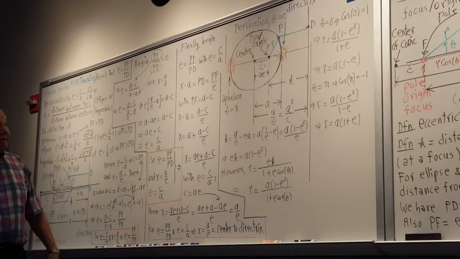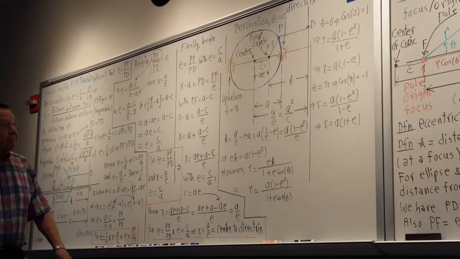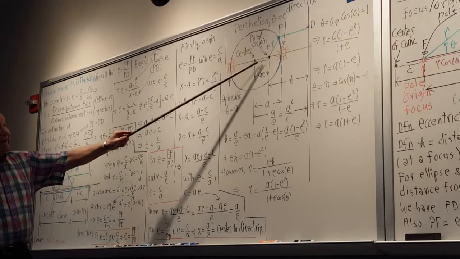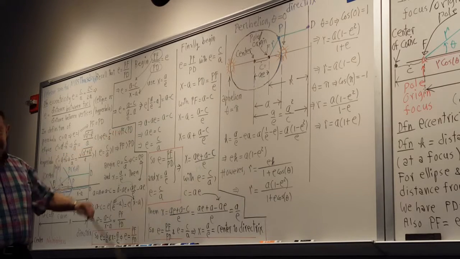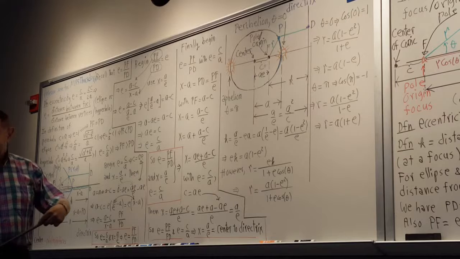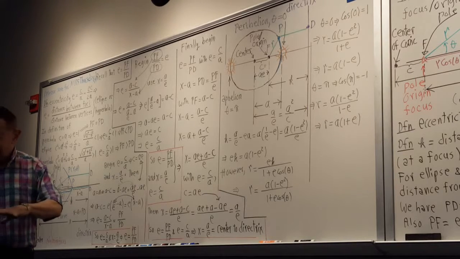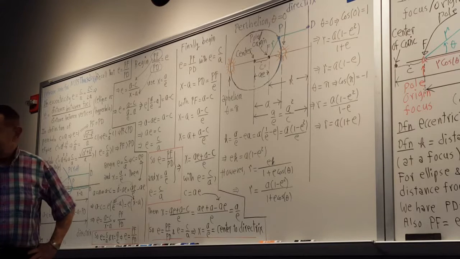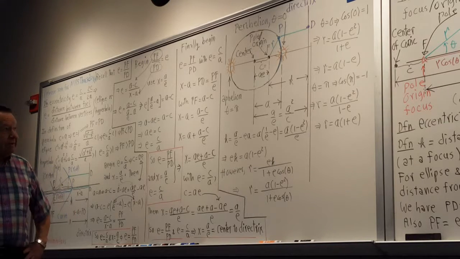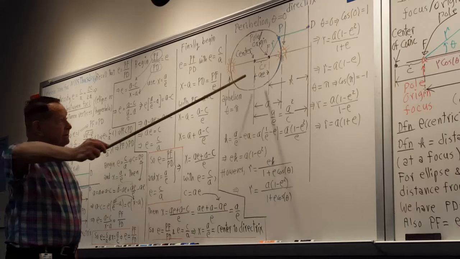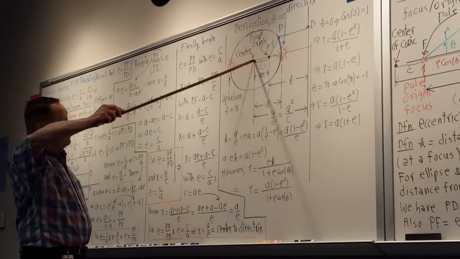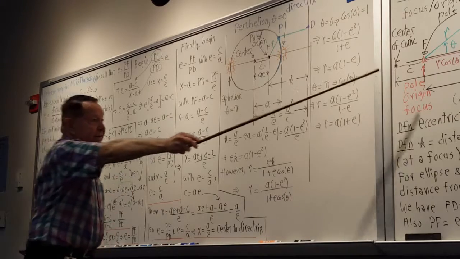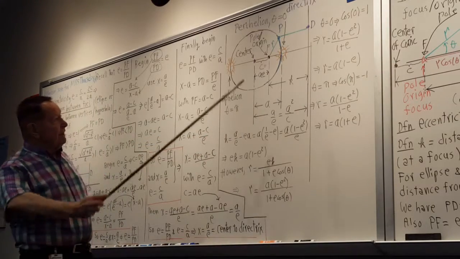So notice then that we can get our hands on what these distances will be for an orbit in terms of the value of A and the value of the eccentricity. So once again, really it's the same drawing that you've seen twice.